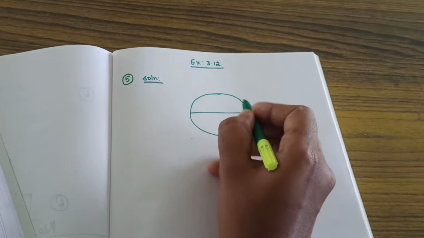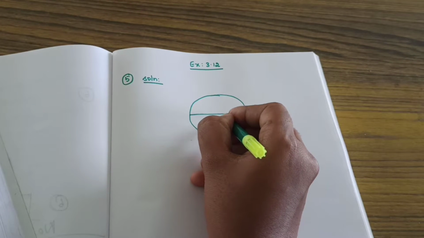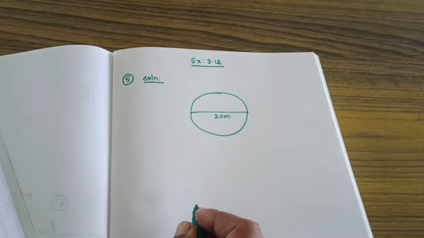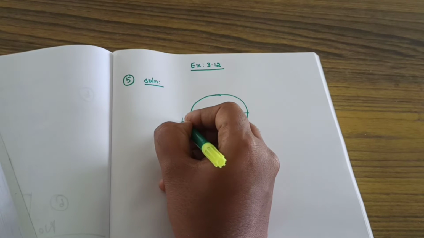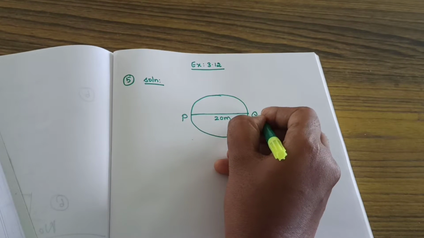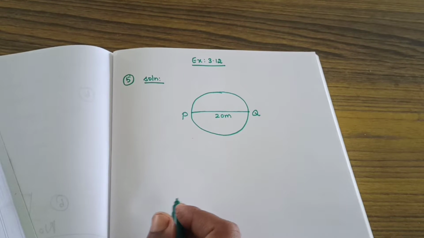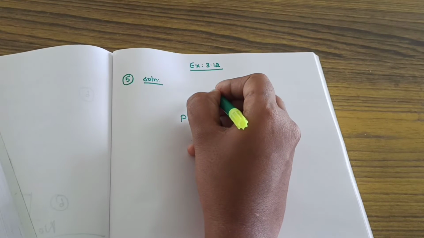Draw the diameter 20 meter. Then, the difference of its distance from two diametrically opposite fixed gates on the boundary. So here on the boundary there are two gates, P and Q. We need to erect a pole on the boundary. I can select the pole here.